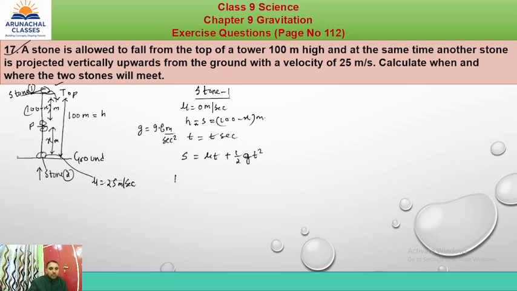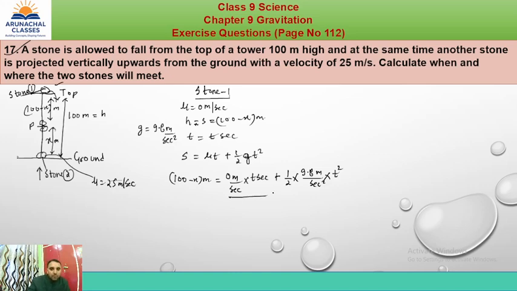Here s is 100 minus x meter, u is 0 meter per second, t is t second, plus half g, with g as 9.8 meter per second square, and t square.